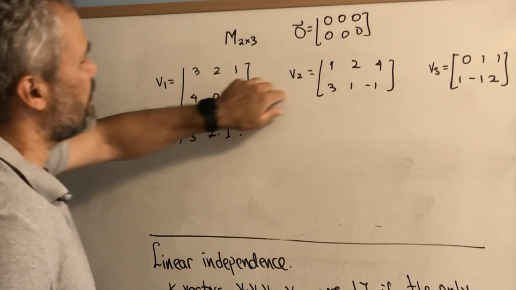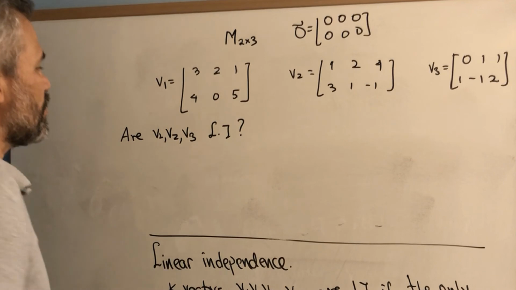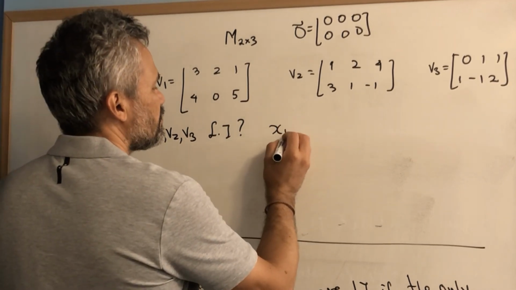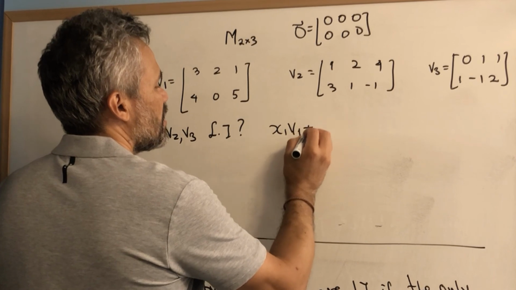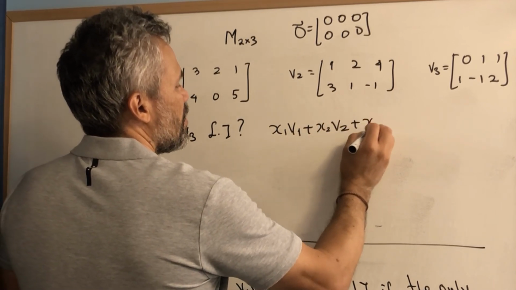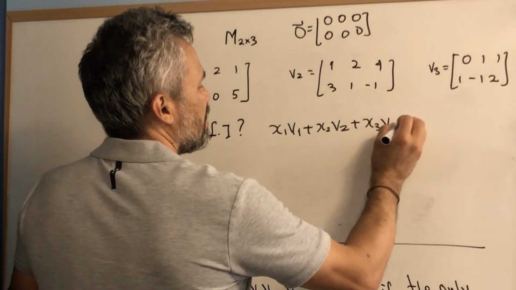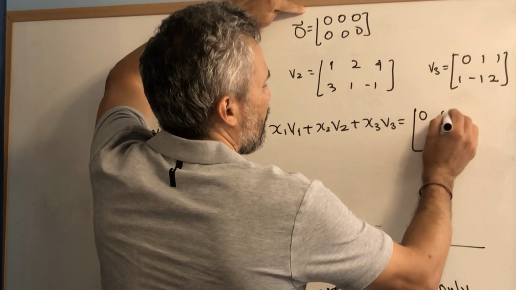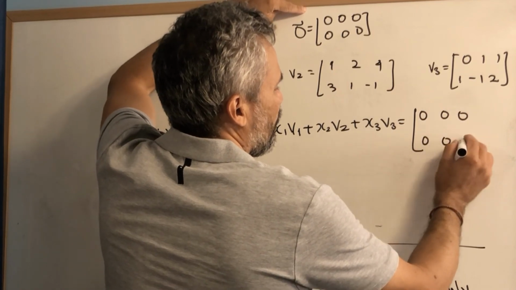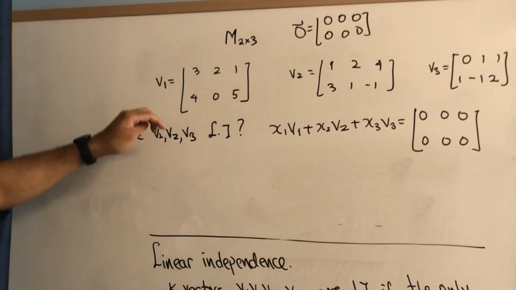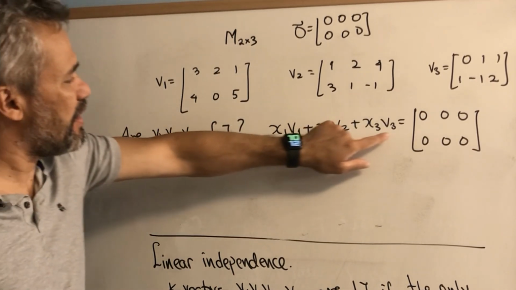Here this is v1, v2, v3. Then what do we do? We set up the equation x1 v1 plus x2 v2 plus x3 v3 equal to the zero vector, and then we just work out the left-hand side.